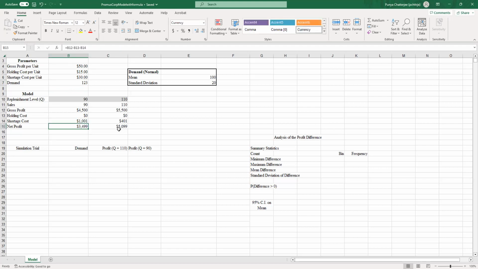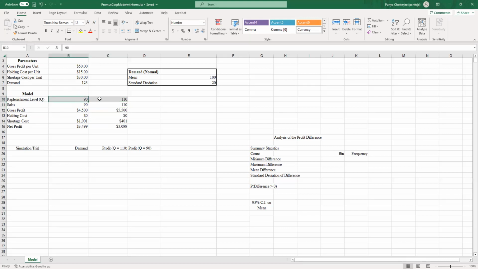Now I have created the model for you. So you have the sales, gross profit, holding cost, shortage cost, and net profit. In class, we went over the detail of how I wrote these formulas, so I'm not going to go over that in the video.